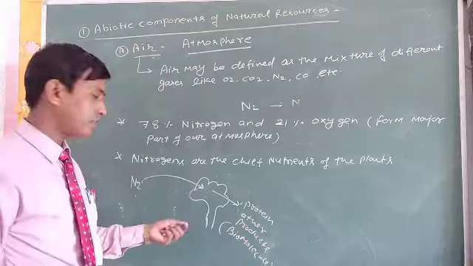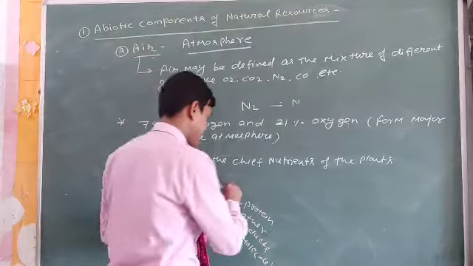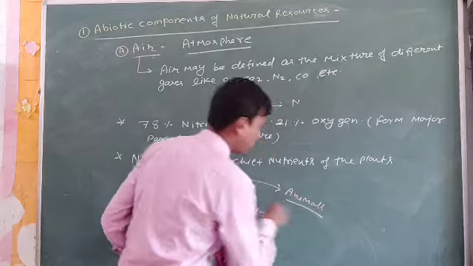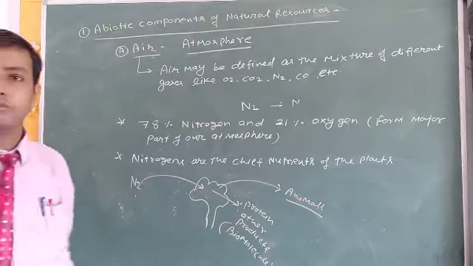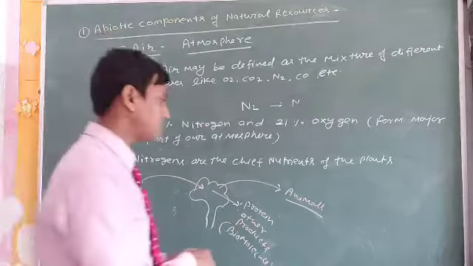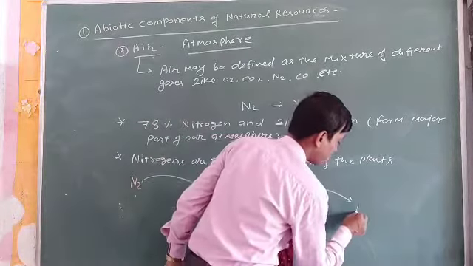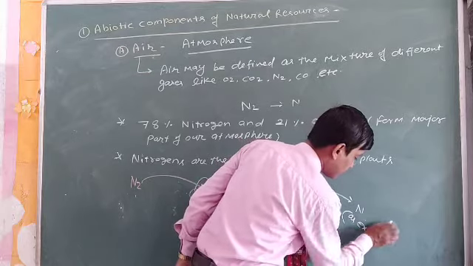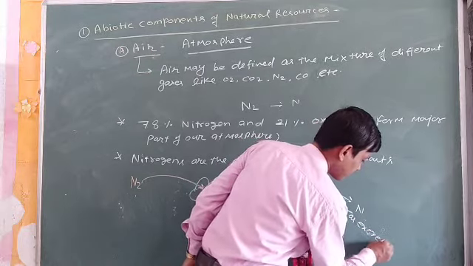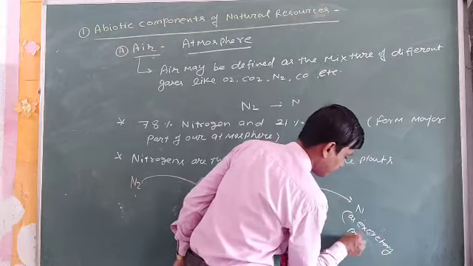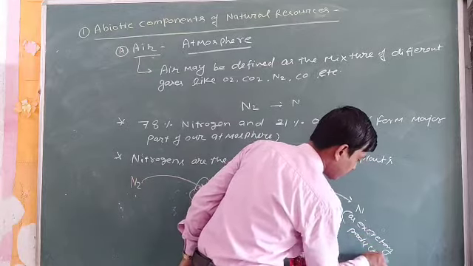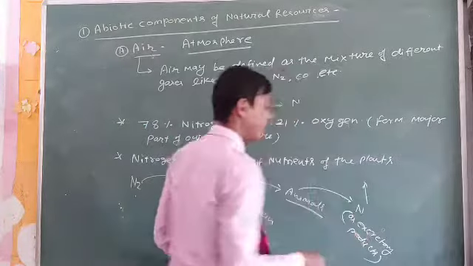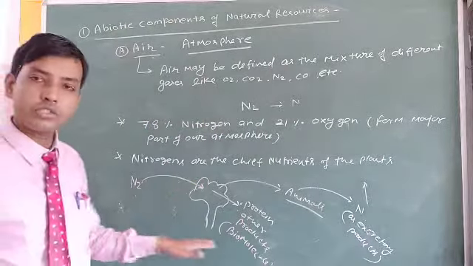When animals eat them, nitrogen enters the animal's body, and the excretory products of animals contain nitrogen. Further, the nitrogen is released back to the atmosphere. This is the nitrogen cycle.